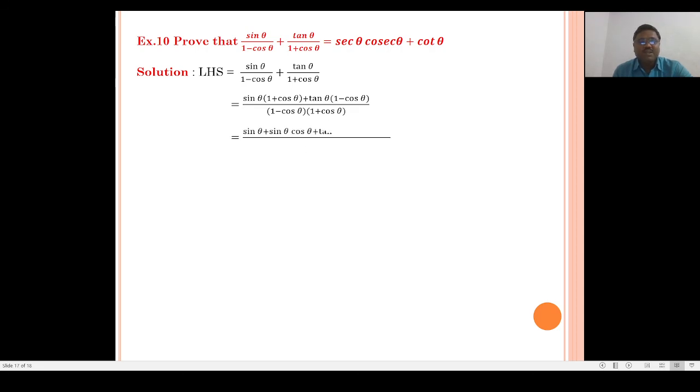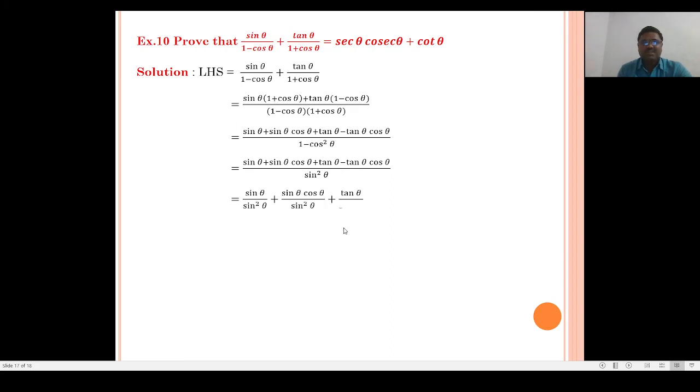So sin theta plus sin theta cos theta plus tan theta minus tan theta cos theta, upon sin square theta. So we separate each term.